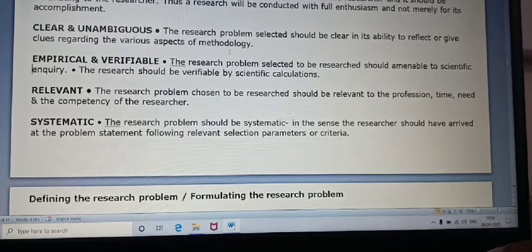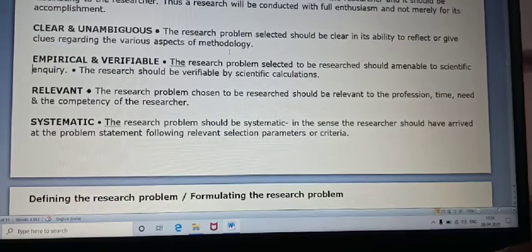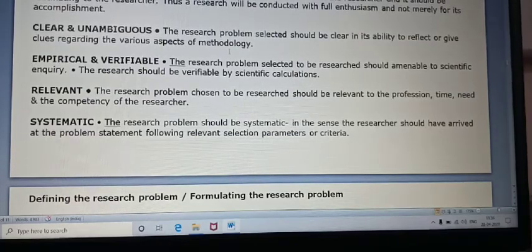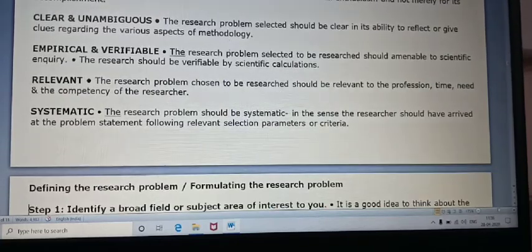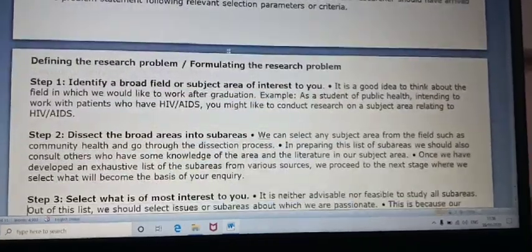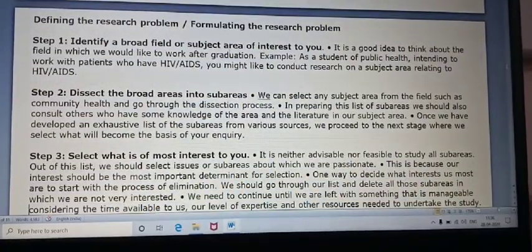Same way, research should be systematic and step by step. If you mix the steps, then you will not be able to do research properly. Okay, so now let's see how to define the research problem and formulate the research problem. First thing is, you have to identify a broad field or subject which is of interest to you.